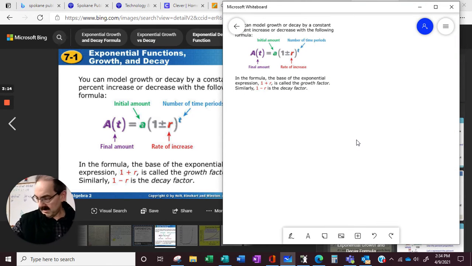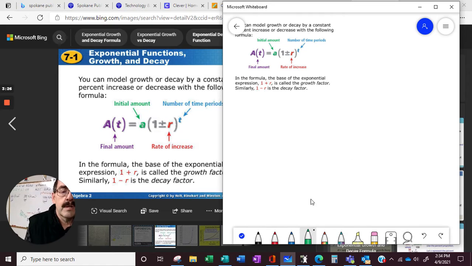When we get started on this, we have the final value of money. I always relate to money. And A sub 0 will be the initial amount.